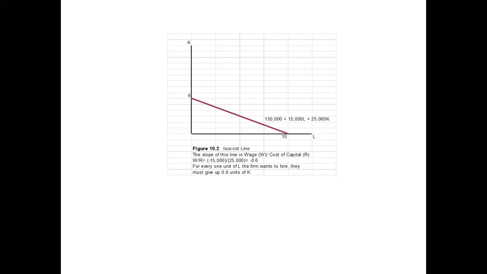We divide the wage by the capital price. It gives us 0.6. So it means for every 1 unit of labor the firm will hire, they have to give up 0.6 units of capital. That is called our marginal rate of substitution.